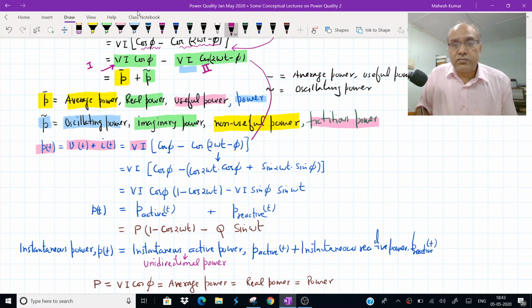So this has come from this directly. Now we will expand this particular term, cos 2 omega t minus phi. This is cos A minus B, and the expression is cos A cos B plus sin A sin B.